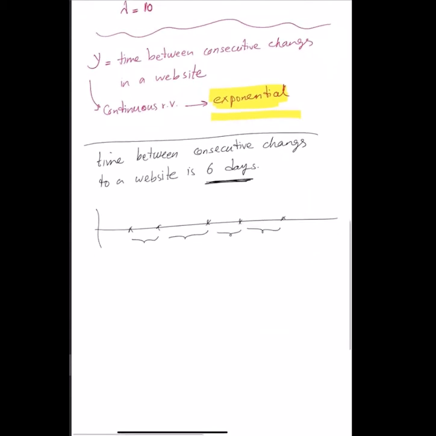So our random variable, I'm going to call it y, because previously we just called it y. So y, which is the time between consecutive changes to the website, has an average, or mean of y, of 6 days.